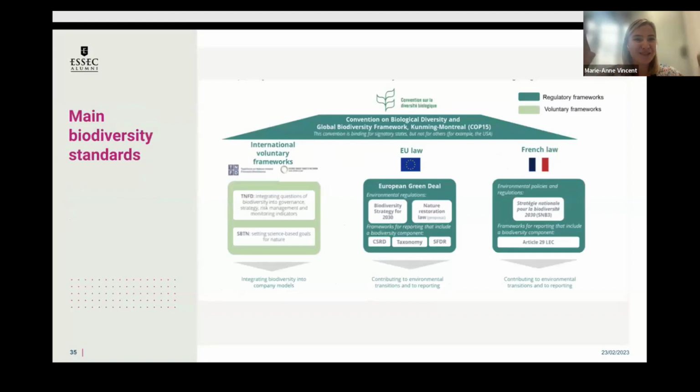Jules explained all the frameworks. I won't go into details again, but just to say that Article 29 of the Loi Énergie Climat in France was the first mandatory law anywhere in the world to address biodiversity, especially for financial institutions, to understand the biodiversity impact of their investments.